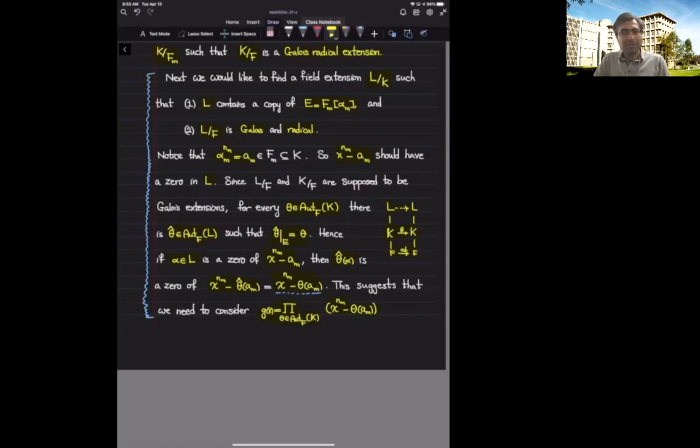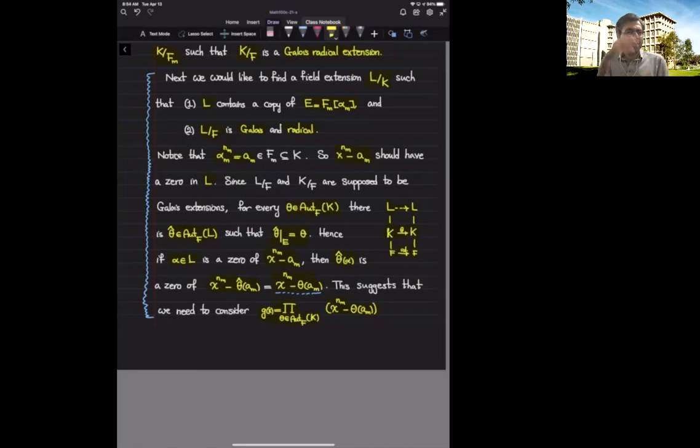So we need to include at least a particular zero of x to the power n minus a inside the field L. But because we do not know which one of the zeros is going to be the one that we have inside E, I need to include all the zeros of this polynomial inside L. Okay, so that's some splitting field that we need to consider.